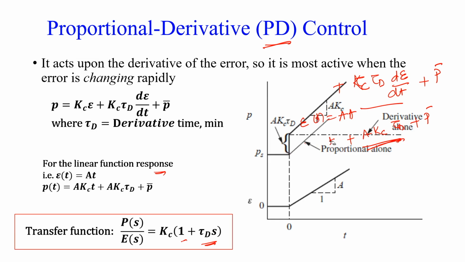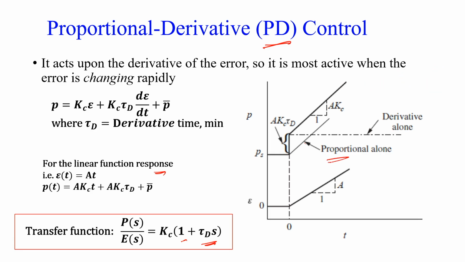So, what it says is, with change in the time, the first response will come from the derivative control, that is the a Kc tau d, then a into Kc, this will be the slope for the proportional control.